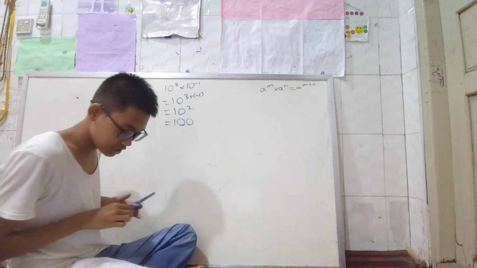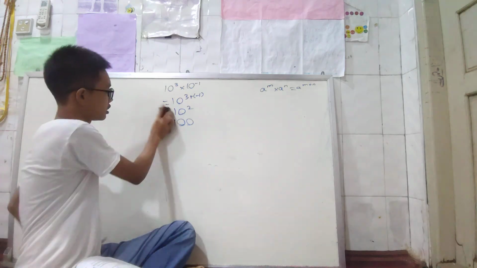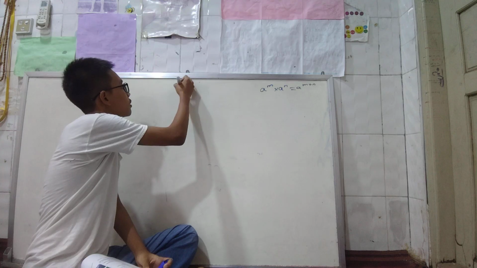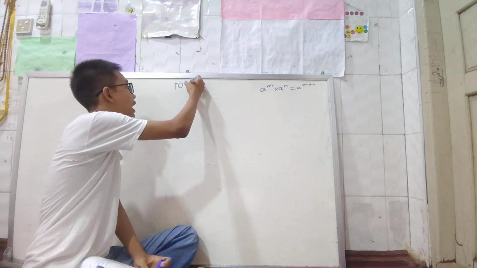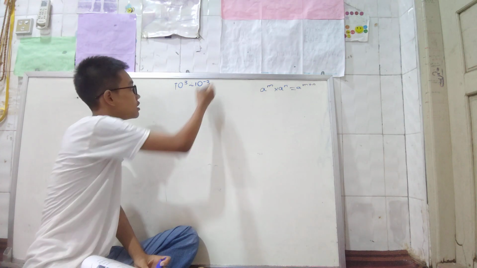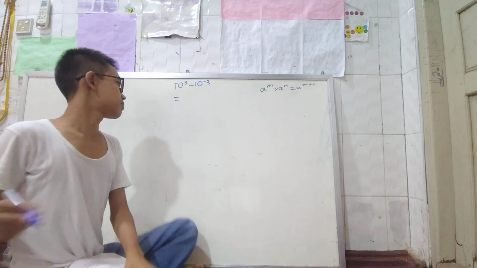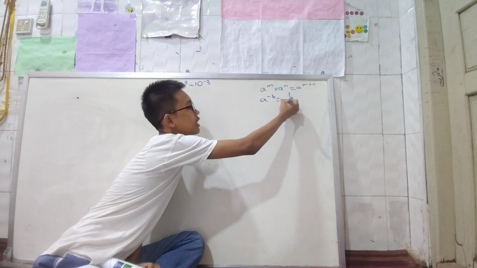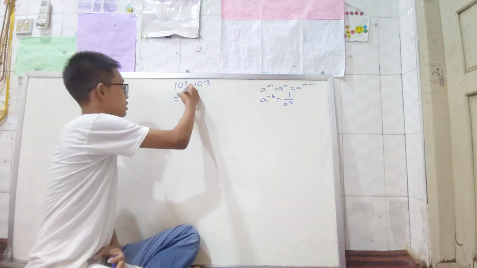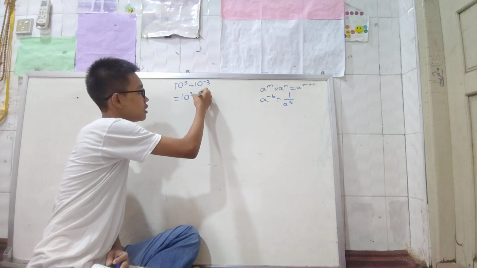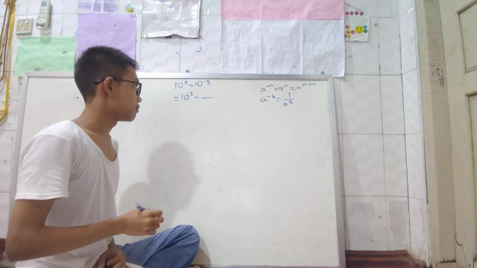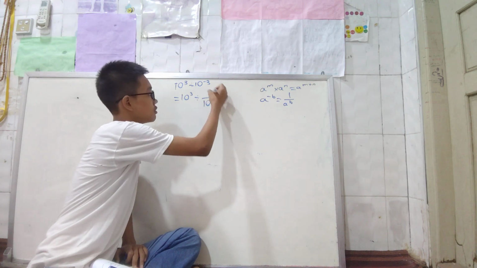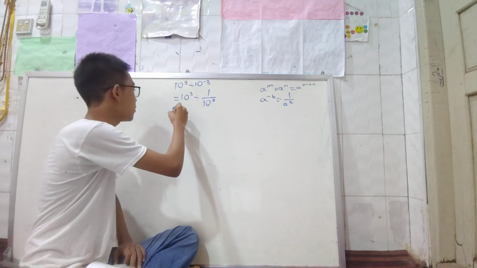So the next question is number 28. That's going to be 10 to the power of 3 divided by 10 to the power of minus 3. Again, we're going to use the property A to the power of minus b equals 1 over a to the power of b. In this case, a is 10, b is 3, so that's going to be 10 to the power of 3 plus 3, and then we're going to flip it.